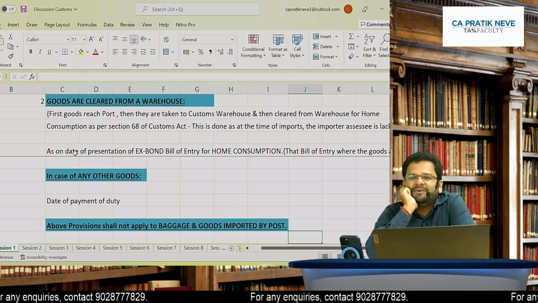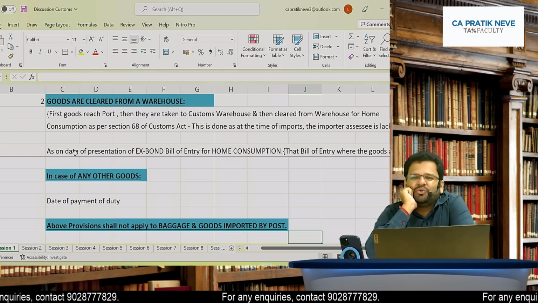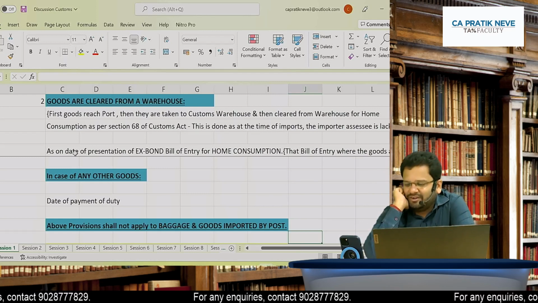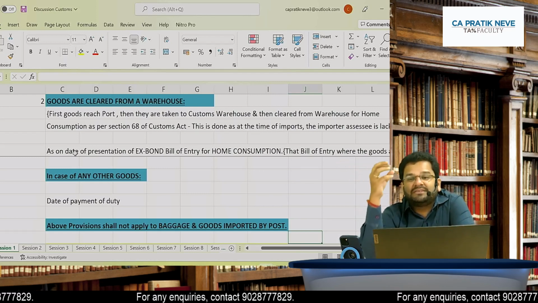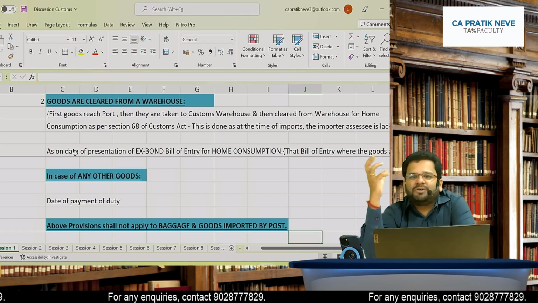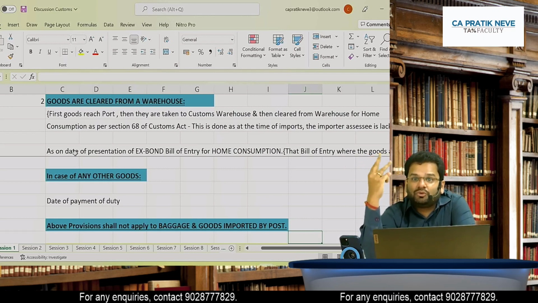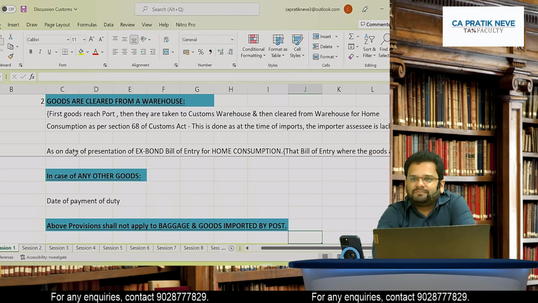Do you remember? Even though we are calling this session customs valuation and types of duties, we are trying to recollect many important concepts. Yes, so that is called triple duty bond.